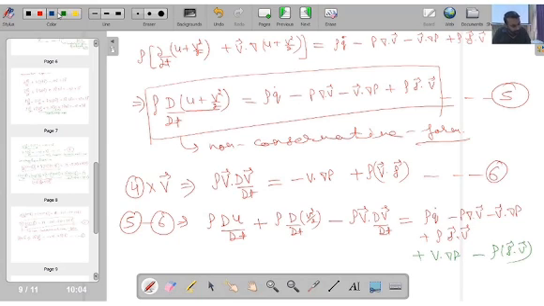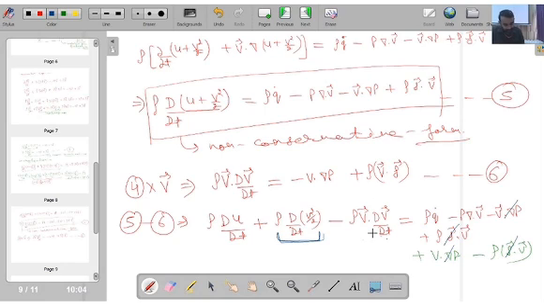Okay, so you can see this term v dot gradient of p, these cancel out.